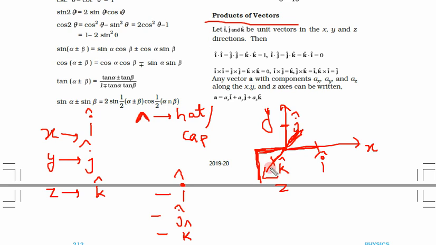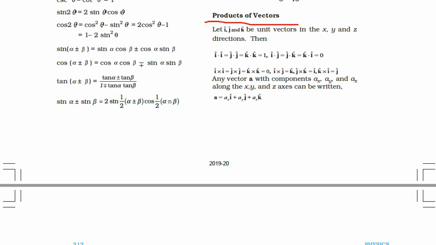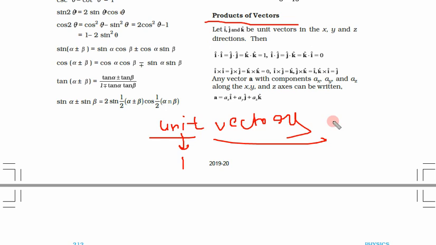So this is the meaning of I, J, K, and these are called unit vectors. What is the meaning of unit? Unit means 1, because we are moving one step. So unit vectors are I cap, J cap and K cap.